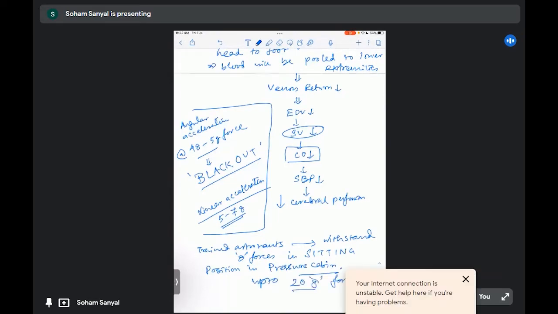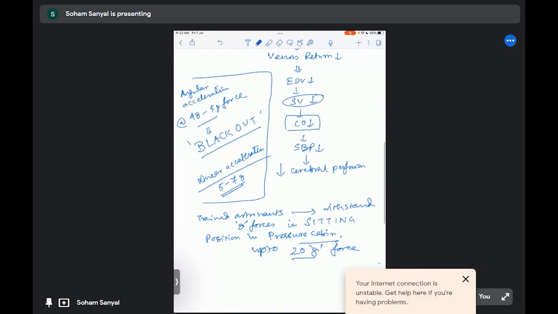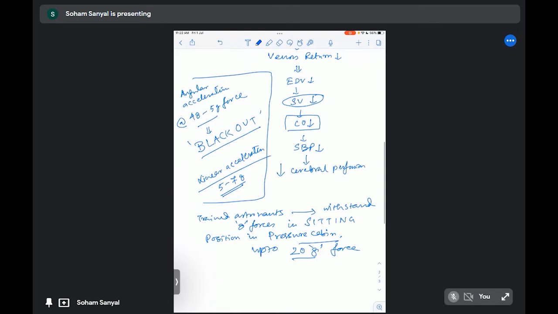We can train them to get away towards space below this. Otherwise, what will happen? They may lose consciousness, but around 20 G or more than 20 G force, there will be vertebral fracture.